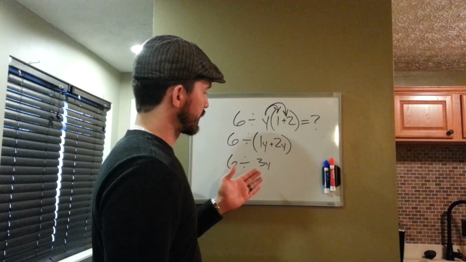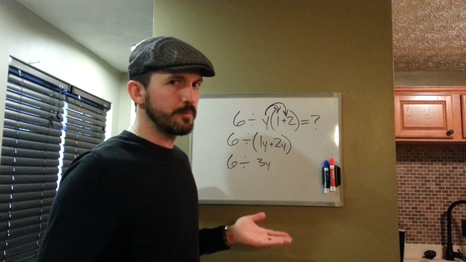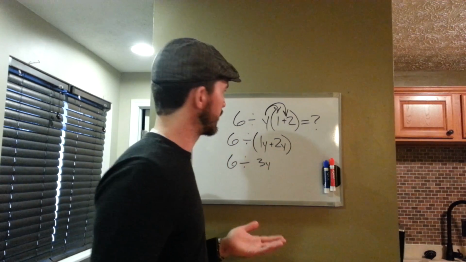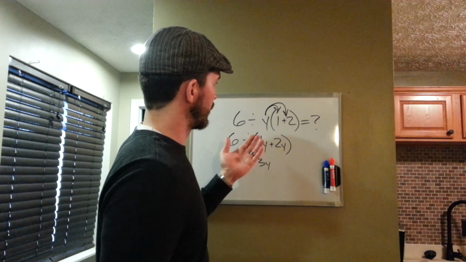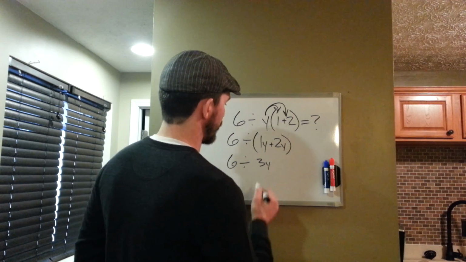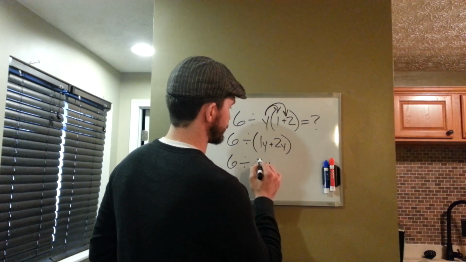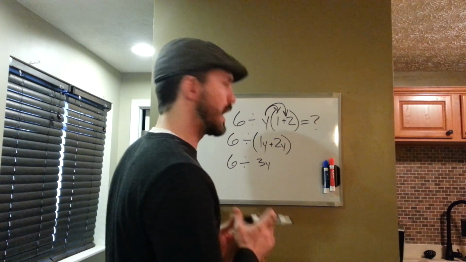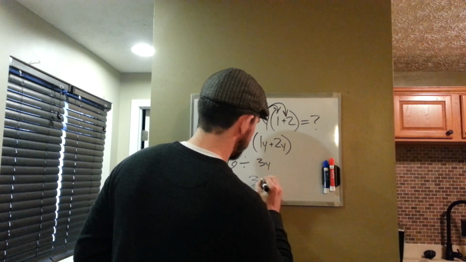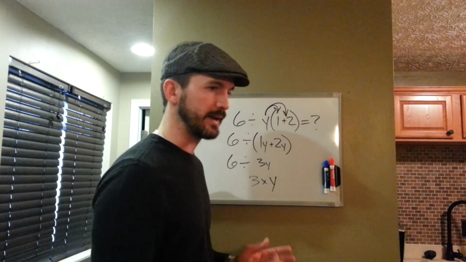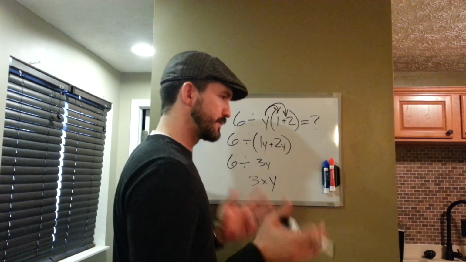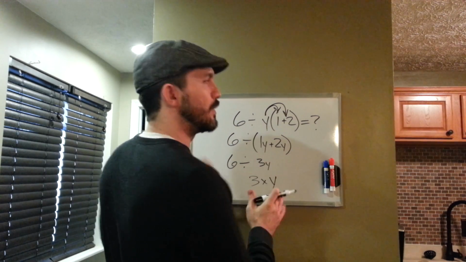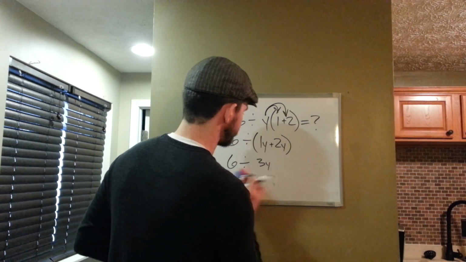Now, at this point, we can plug our 2 back in because we know that's supposed to be a 2. We were just using y as an exercise of mechanics. So this is 3y, which is an implied multiplication, but it's not the same as 3 times y. It's 3 times y, but it has to be resolved before you do anything else in the problem.